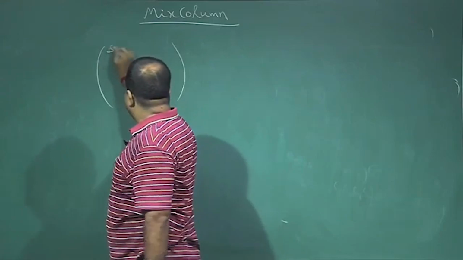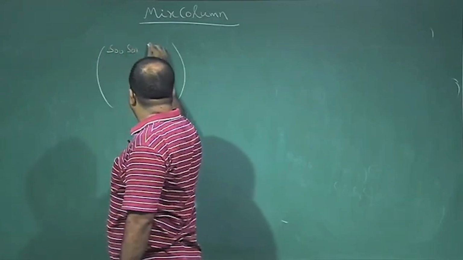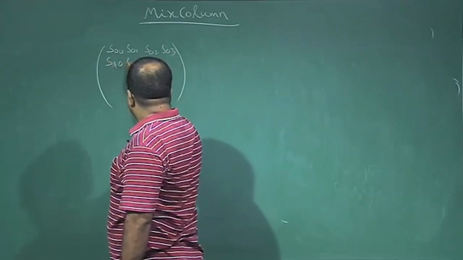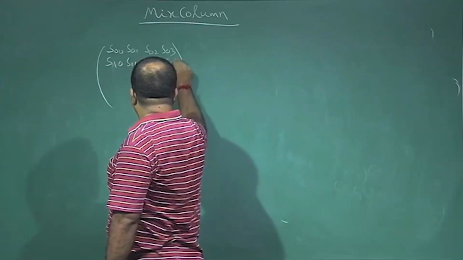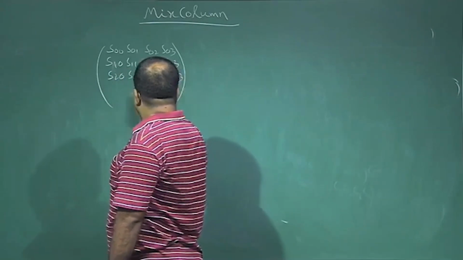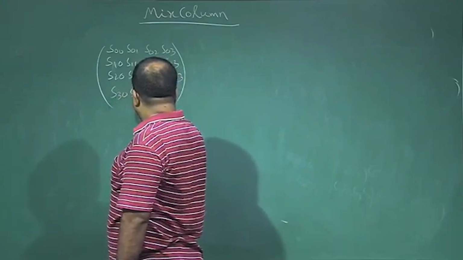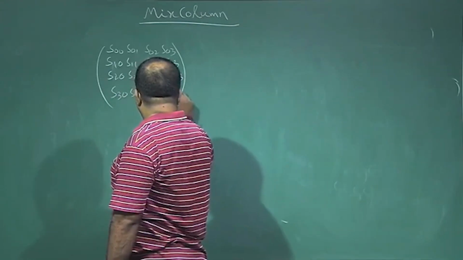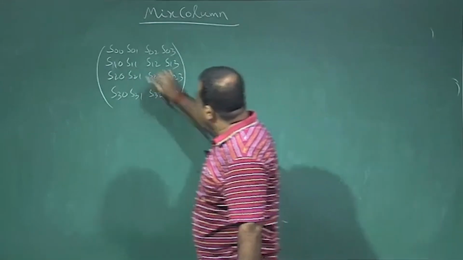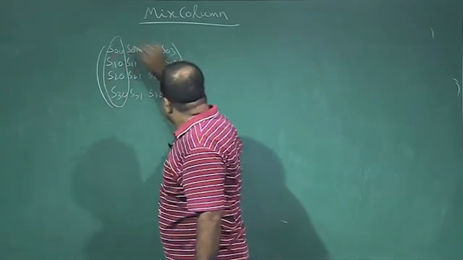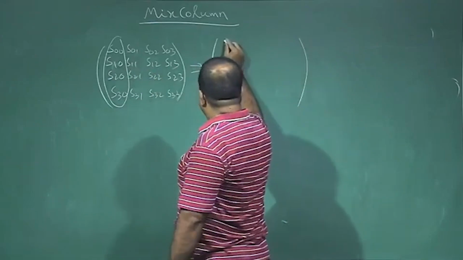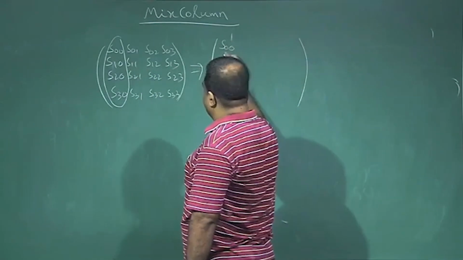The AES operation works on a state. So, this is the state of AES: S00, S01, S02, S03, S10, S11, S12, S13, S20, S21, S22, S23, S30, S31, S32, S33. Now, for the mix column operation, we are taking a column and converting it into another column, which is the output of the mix column operation.